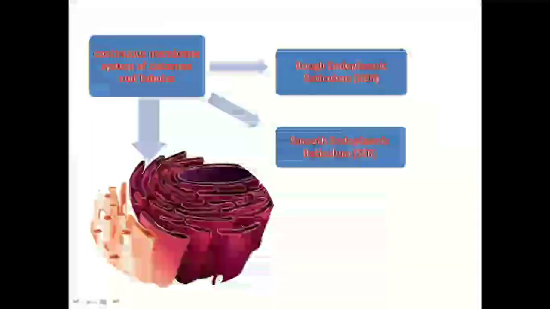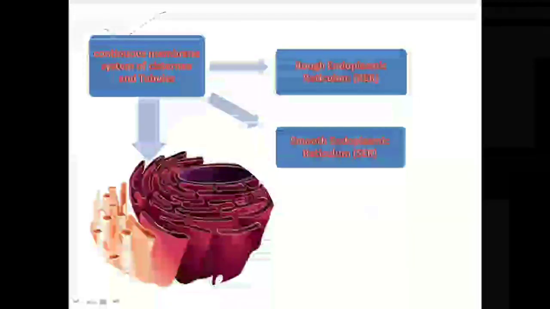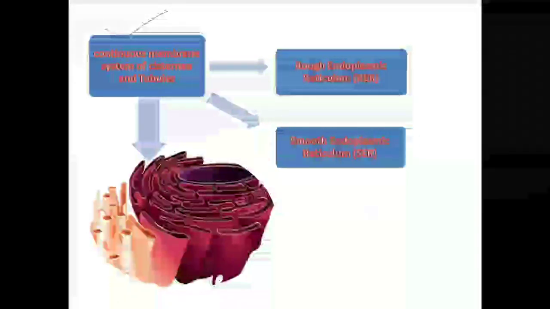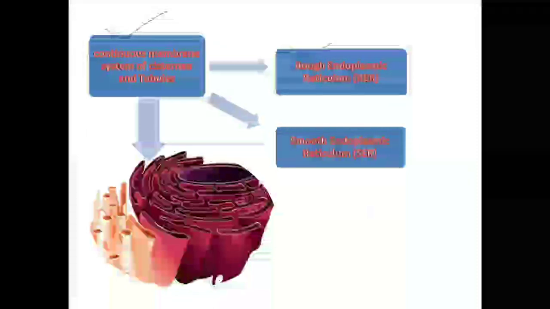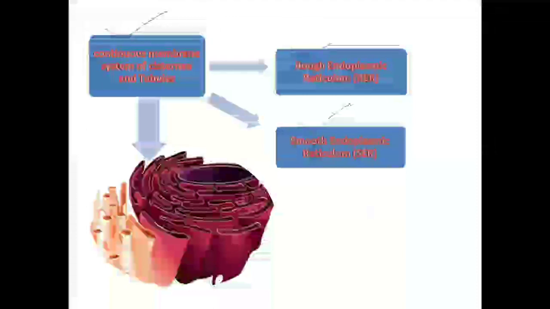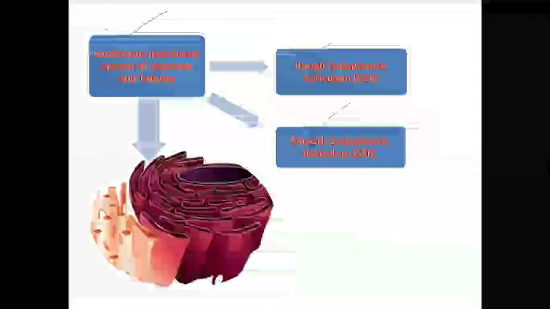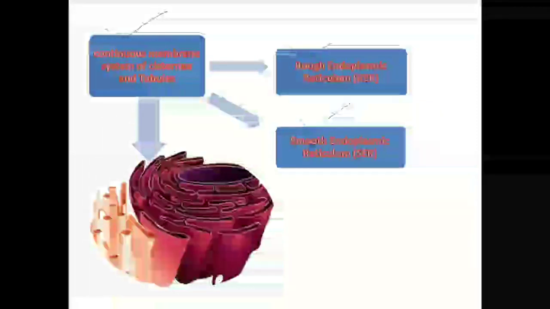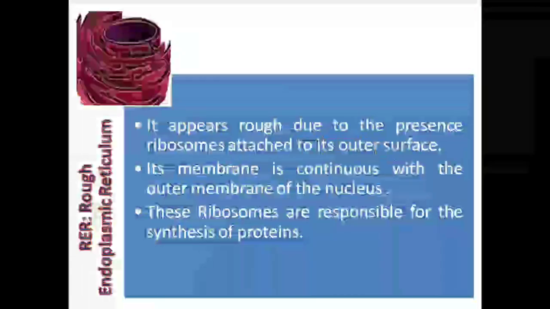So now we know that endoplasmic reticulum is a continuous system of cisternae and tubules, and it can be of two types, rough endoplasmic reticulum or smooth endoplasmic reticulum. Rough endoplasmic reticulum appears rough because the ribosomes are attached on its surface. But smooth endoplasmic reticulum is smooth because there are no ribosomes on its surface.